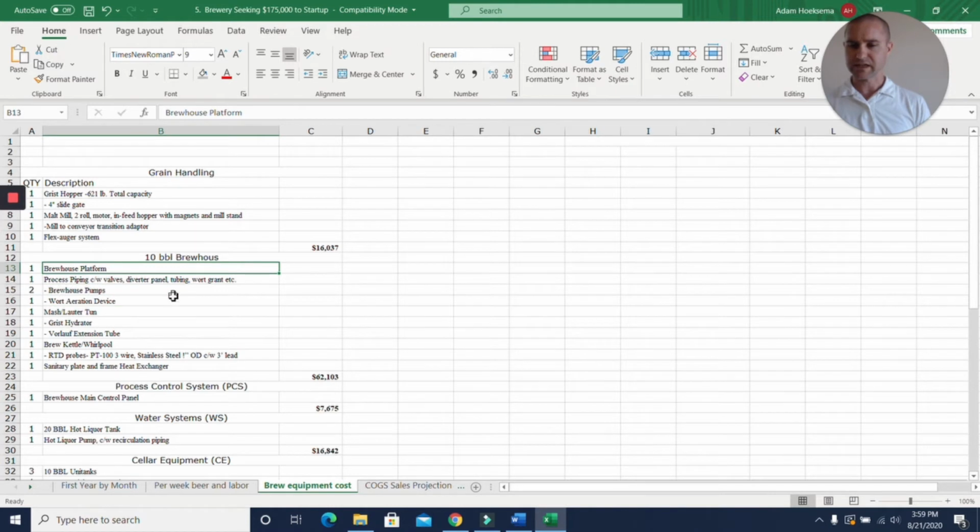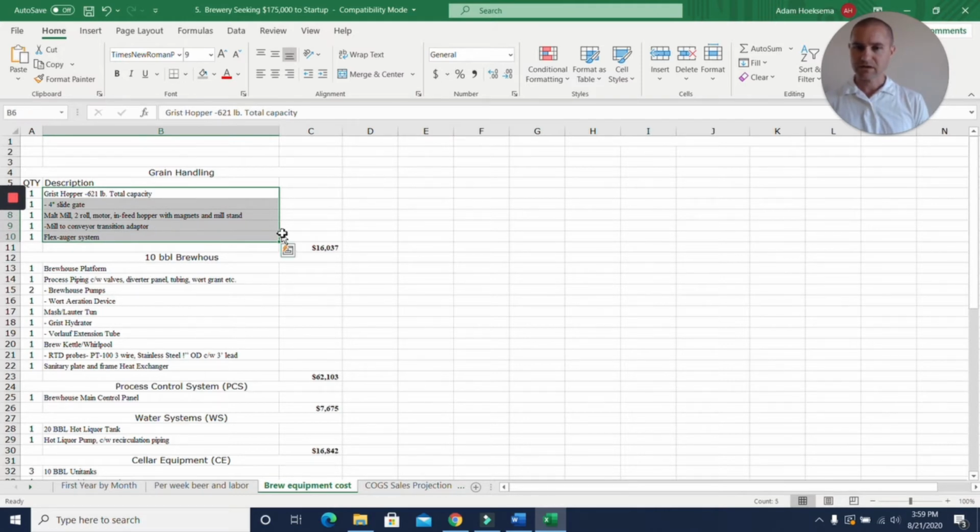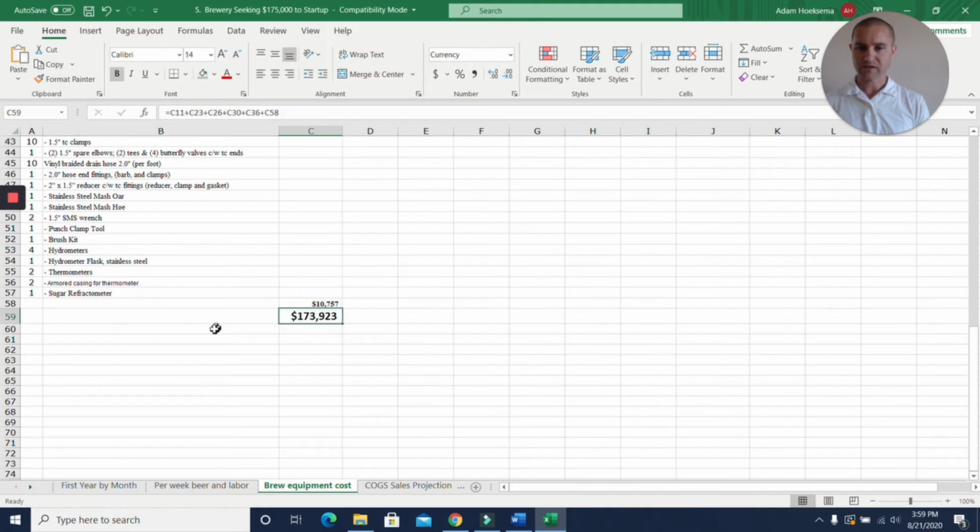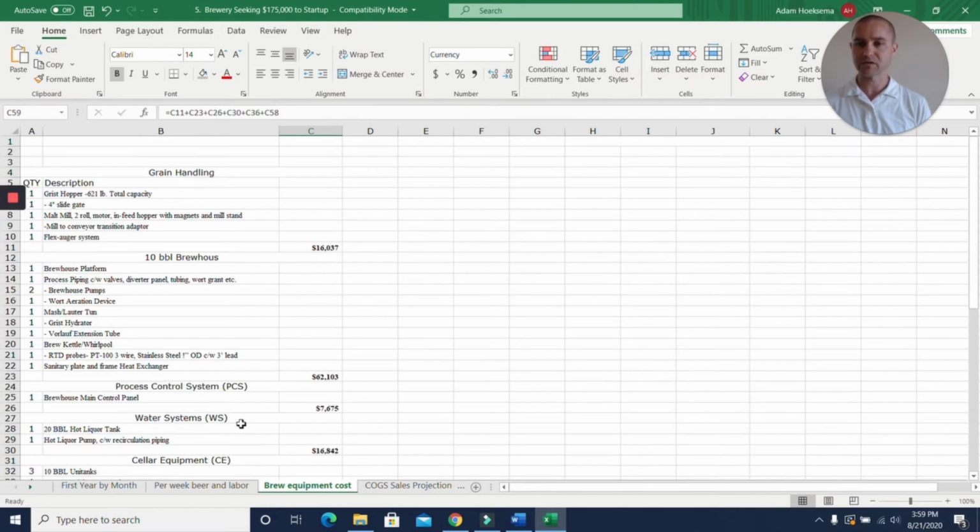On the brewery equipment cost, again, great detail here that I think was really helpful. It gives a total breakdown of $173.9 thousand in total equipment cost, but what we don't see is other startup costs.